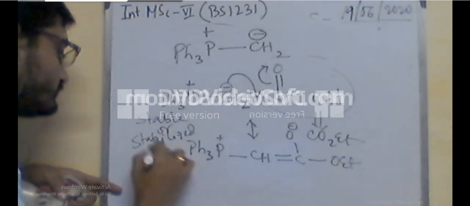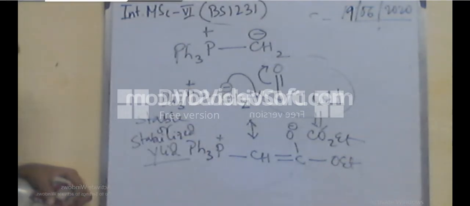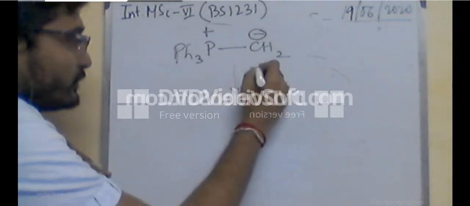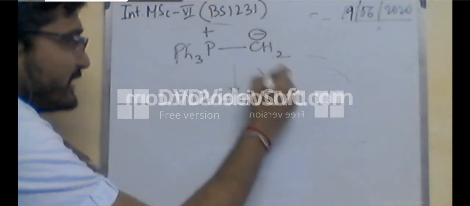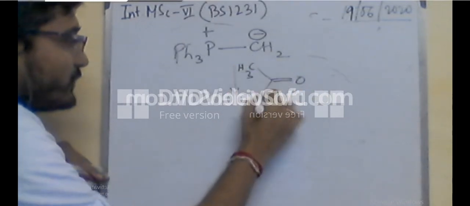When no substituent is attached to this carbon, then on reaction with, say, acetone or acetaldehyde, it will form this product. So in this case there is no question of cis-trans isomerism, because here both the substituents are the same.